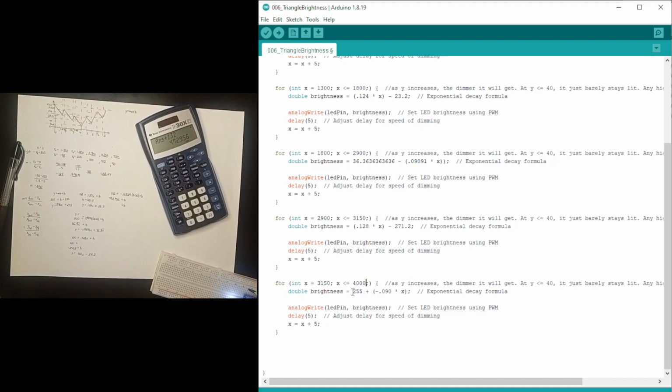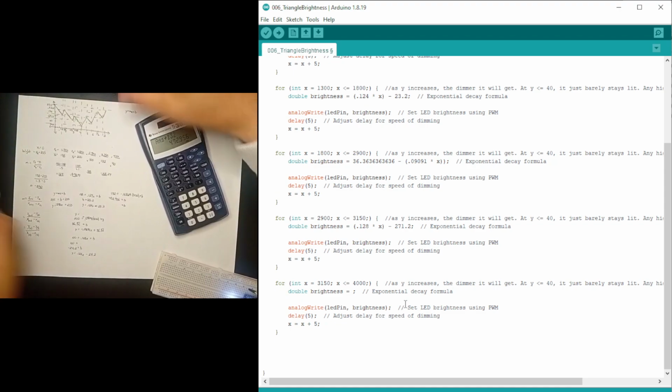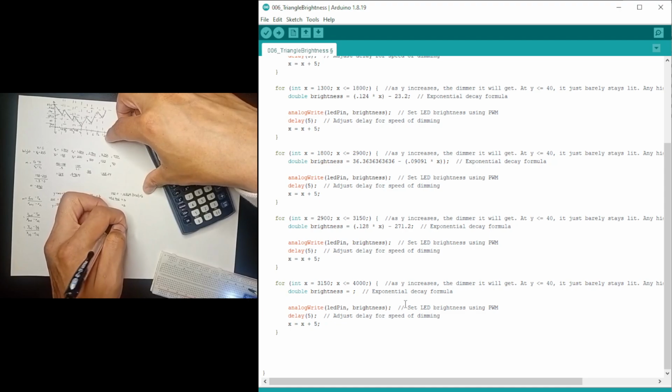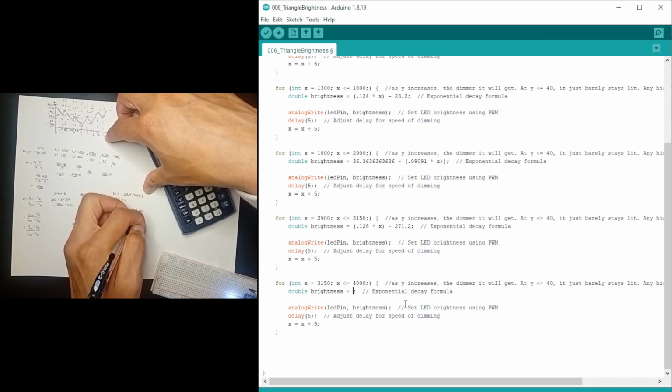Let's just keep that. So what's the final equation? y equals minus 0.10824x plus 472.956.